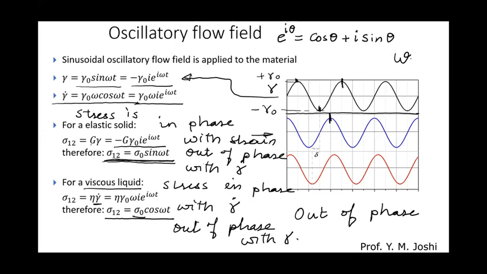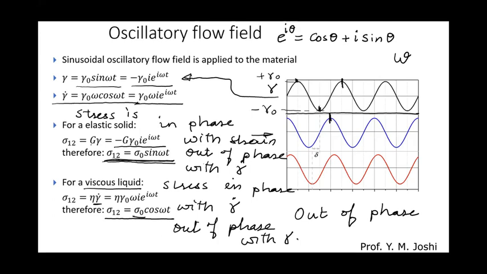All right, so see the beauty of this experiment. When you apply step strain or step stress, the observation time scale is simply the time elapsed since you have applied the step strain or step stress. In case of oscillatory flow field, the observation time scale is associated with the frequency of application of that particular strain or stress.